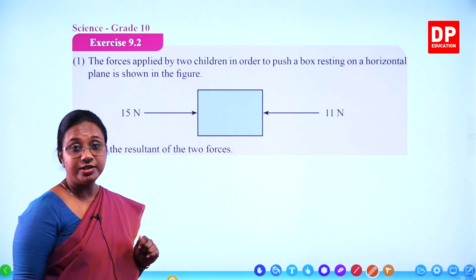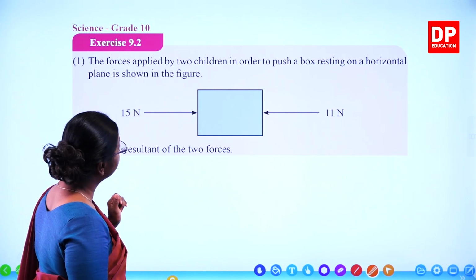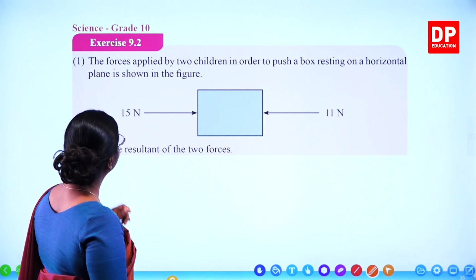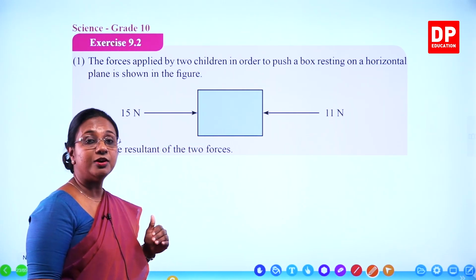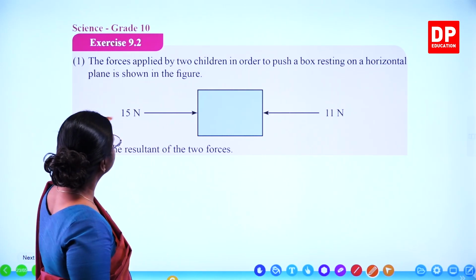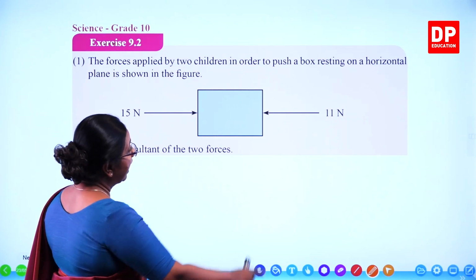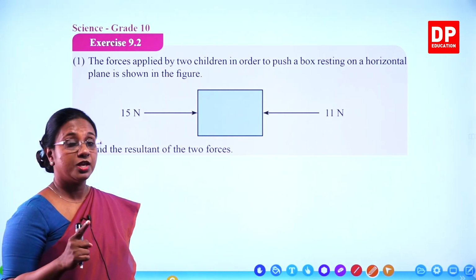Exercise 9.2. The forces applied by two children in order to push a box resting on a horizontal plane is shown in the figure. So there is a box resting on a horizontal plane. There you can see this side there is a push, that is 15 Newton force. And from here also there is a push, 11 Newton force.